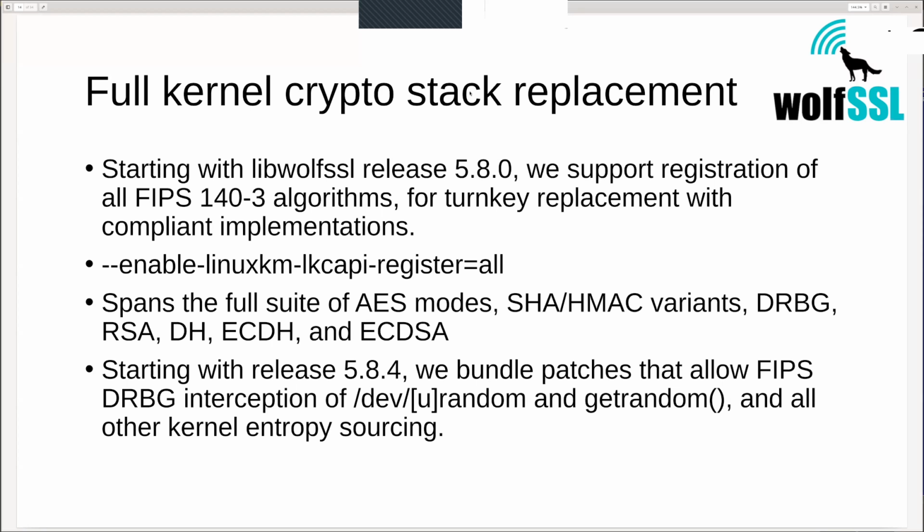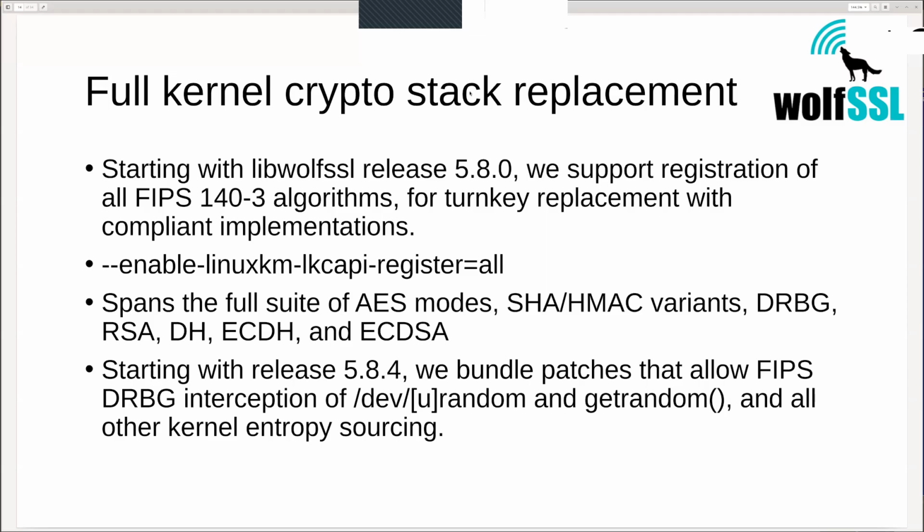And when you load our module with all the registrations enabled into a kernel that has been patched, and we support all the way back to kernel 5.10 for patching and all the way through to Linux Next, like 6.19 and everything in between, it registers itself and it replaces all randomness, all entropy generation in the kernel with FIPS certified entropy and FIPS certified DRBG functionality.